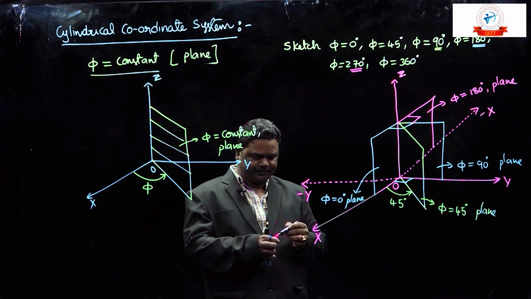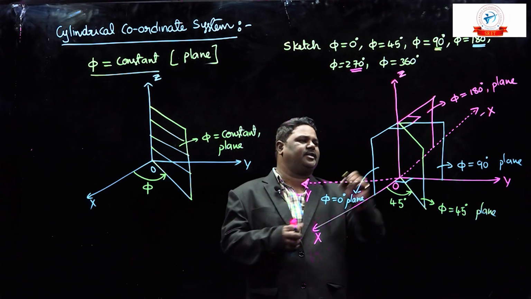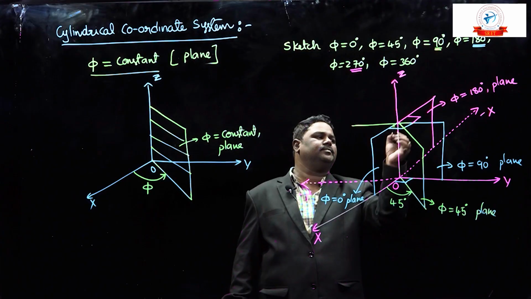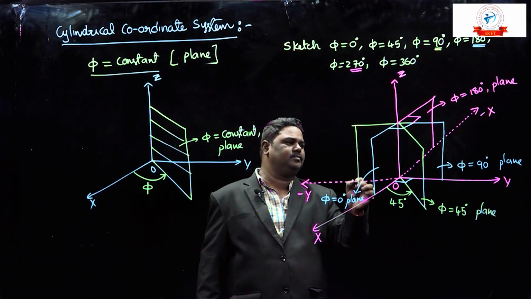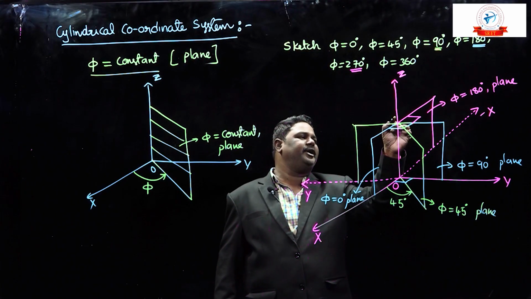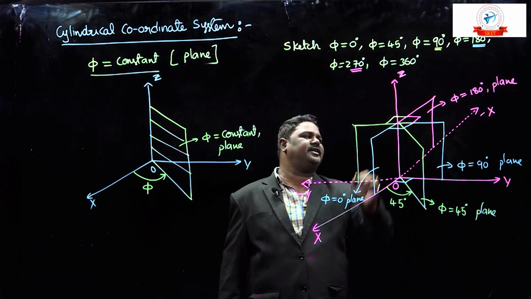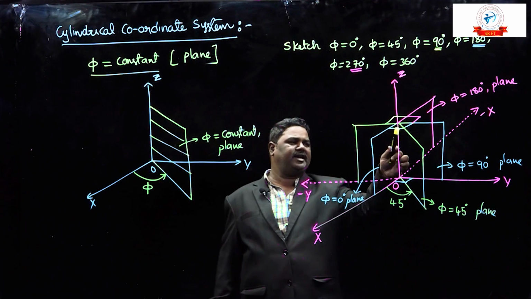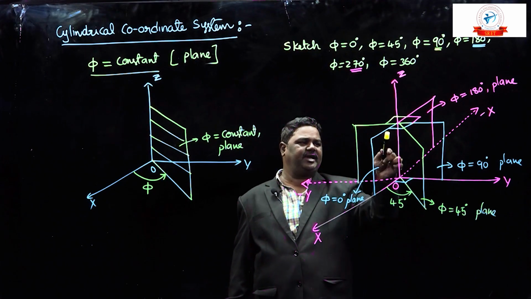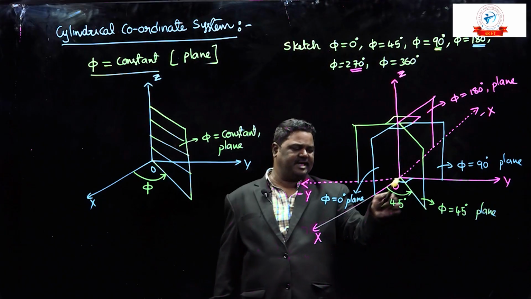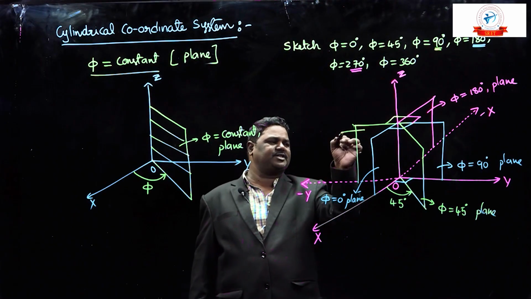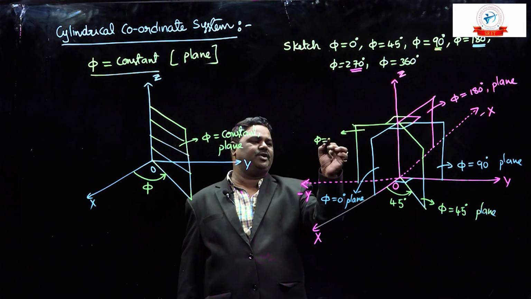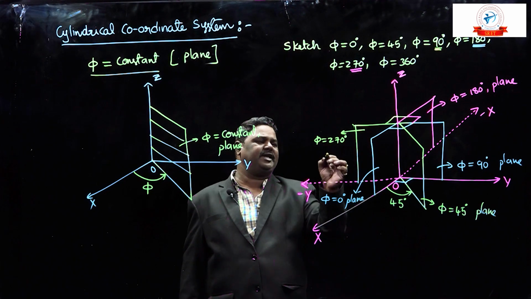So consider another plane here. It makes another 90 degrees with negative x. So totally 90, 90, 90, totally 270 degrees with the x-axis. So this plane is called the phi is equal to 270 plane.